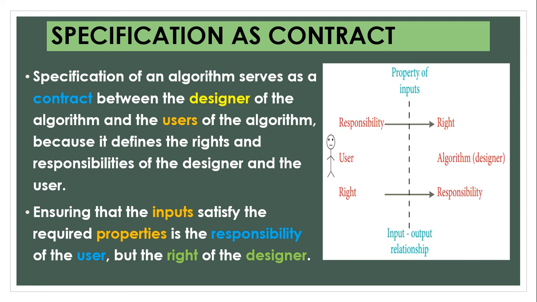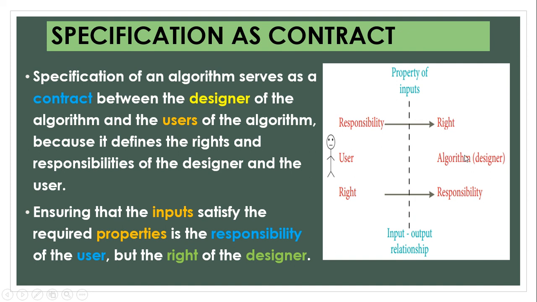So whose responsibility is it to give all these inputs? It is the user's responsibility. So what is the user's responsibility? To give the properties of the input. Only if the user gives the correct properties of the input can the designer decide. Okay, so whose right is it to get all the properties of the input? The algorithm designer's. So the carpenter has full rights.